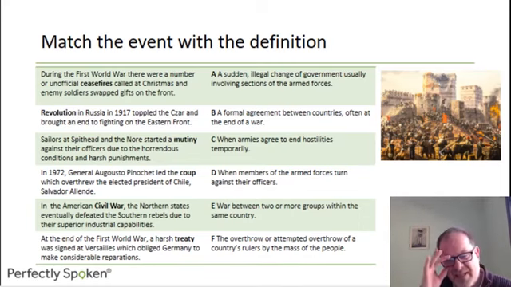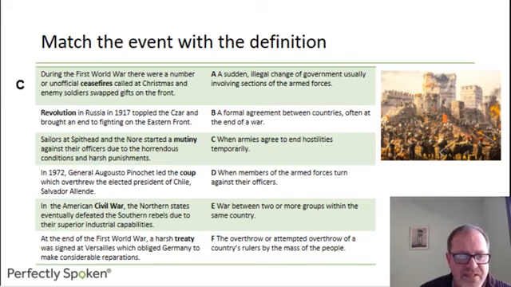This actually happened in 1914, I think, near the beginning of the war. It had been going on for a few months, and Christmas came and soldiers decided to lay down their arms and to go over and greet the other soldiers and so on and so forth. So ceasefire is C, when armies agree to end hostilities temporarily. Ceasefire.